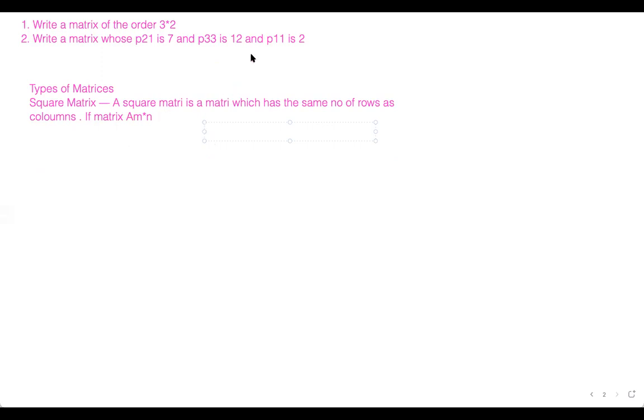Then m is equal to n, which means square matrix में you will have a 3 into 3, 4 into 4. You will have equal number of rows and columns. It is called as square matrix. ठीक है?